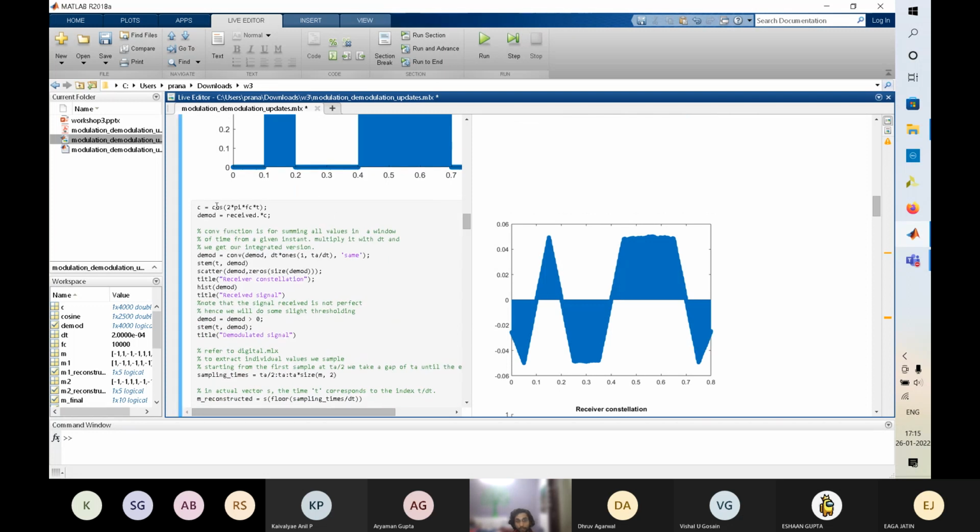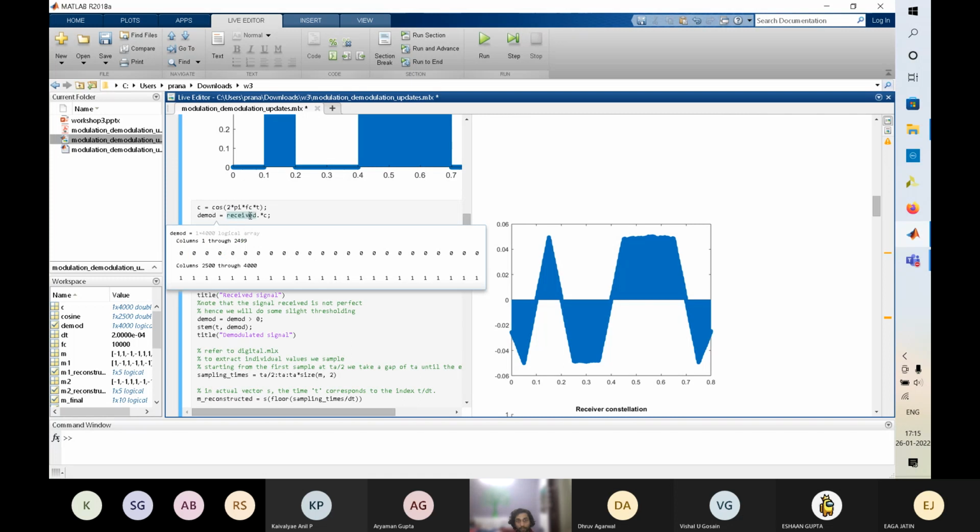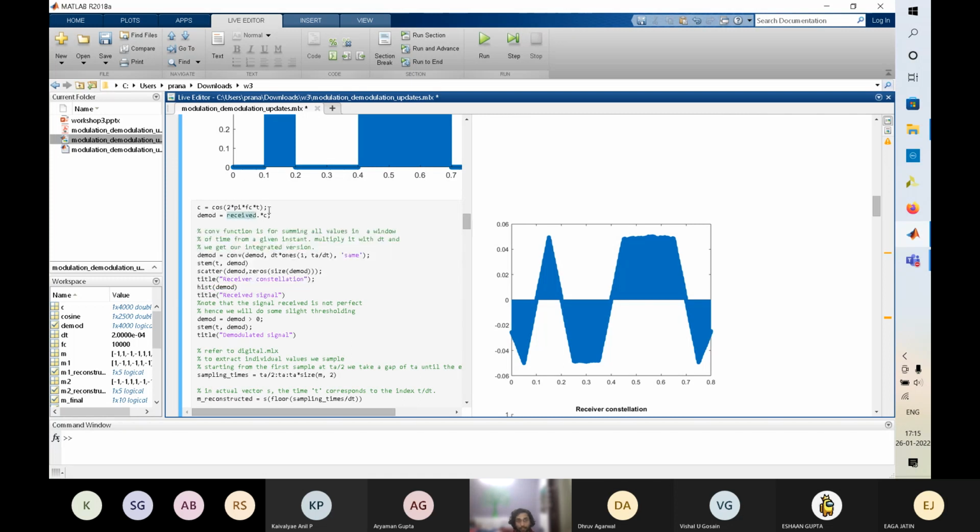For demodulation, we multiply the input signal, the received signal, by cos 2 pi fct. So what this does is, the signal that we sent was m, times cos 2 pi fct.